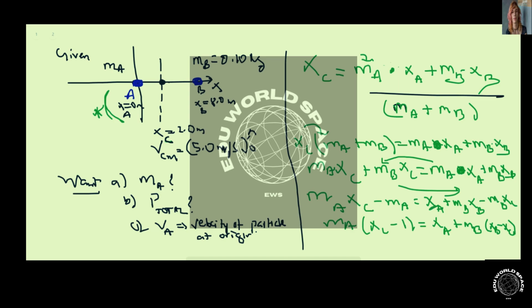This becomes XA right here. Okay, just remember that that's MA XA. So when we simplify, this is going to be XA.